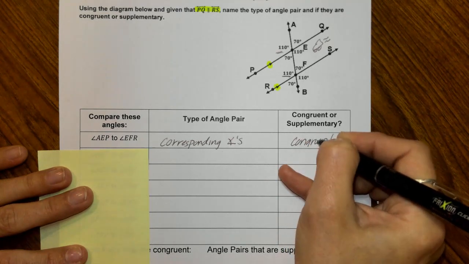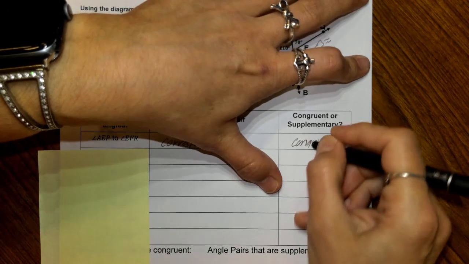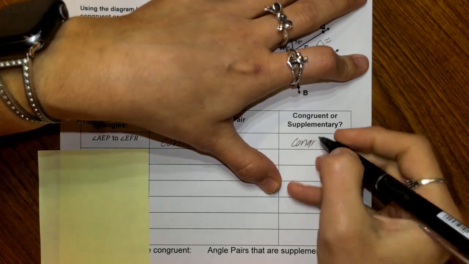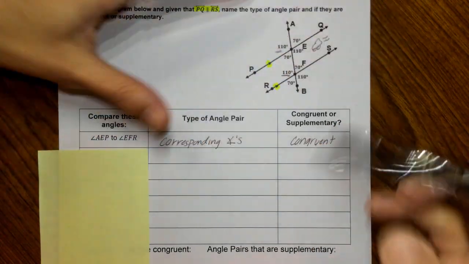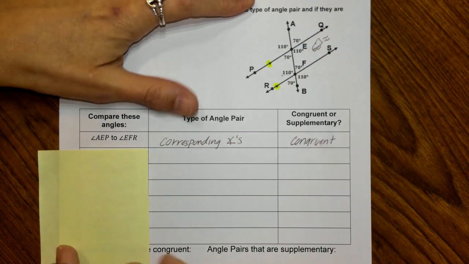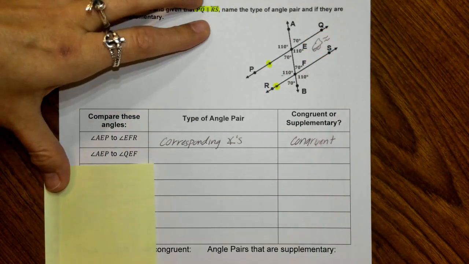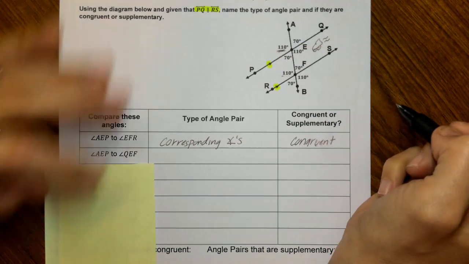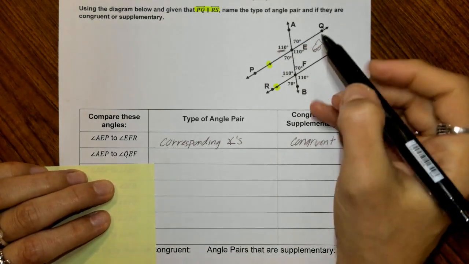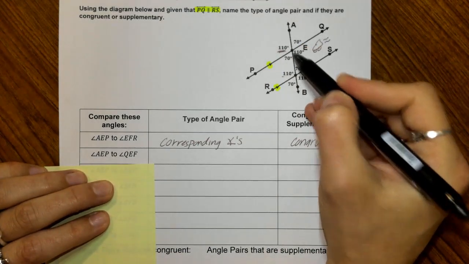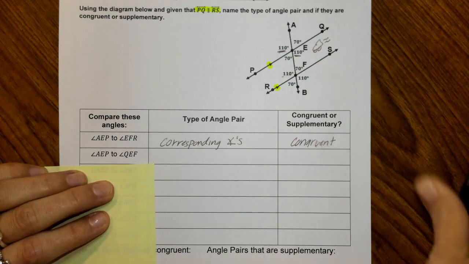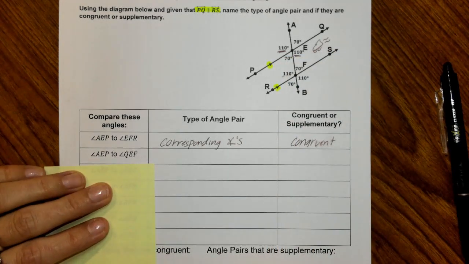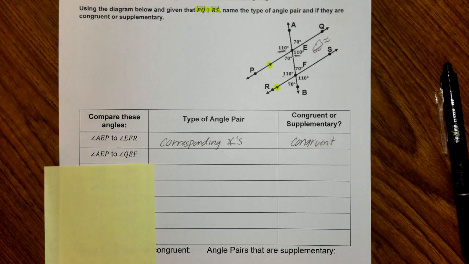I'm going to go through this pretty quickly. Sorry, I'm writing too fast. You can't even read my handwriting. Congruent. Take a look at the next pair: angle AEP, so we're sticking right here, and angle QEF, going from Q to E to F. When we're looking at alternate interior, same side, and all those, we're involving two intersections.